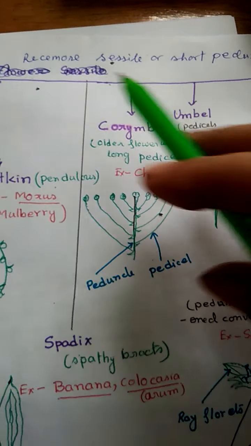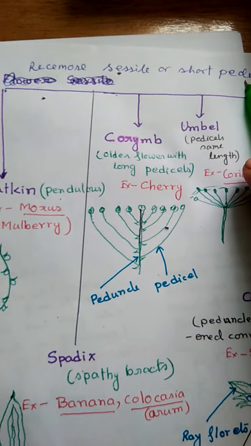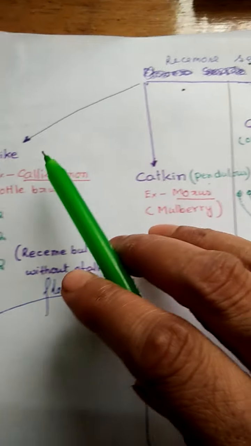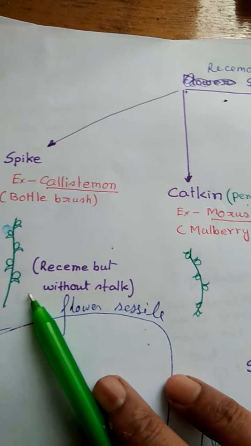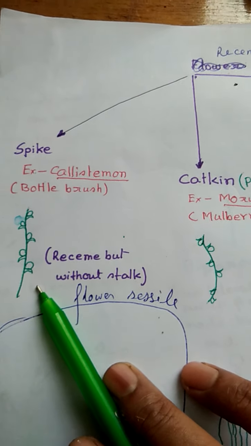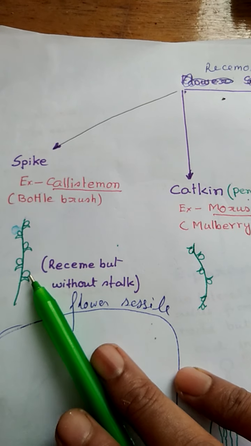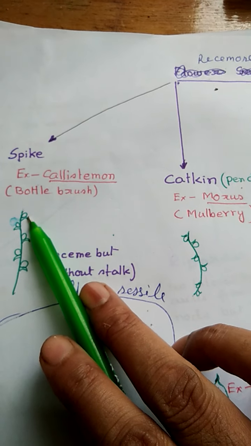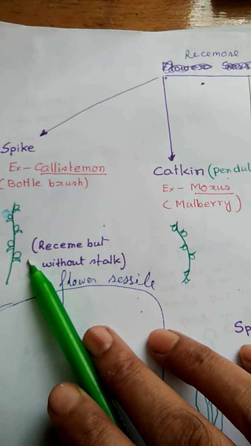Now next, racemose which is sessile or with a short peduncle or short stalk. First is spike. Spike means it is more or less raceme type, but the stalk is absent. This one is the bract, older flower, younger flower. So these are without stalk.